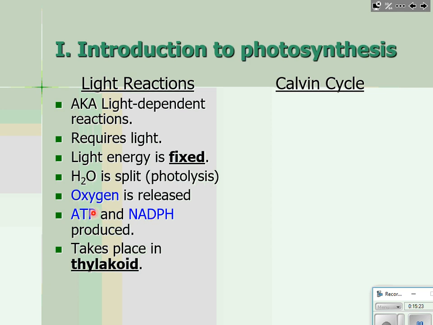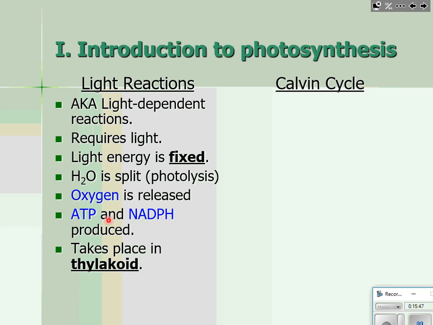One of them you know about, ATP. The other you've probably never heard of before. NADPH is similar to NADH, which we learned about in cellular respiration. It's a very similar molecule, except that this has a phosphate group that NADH does not have.